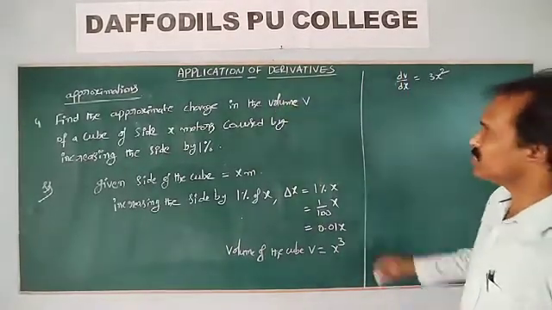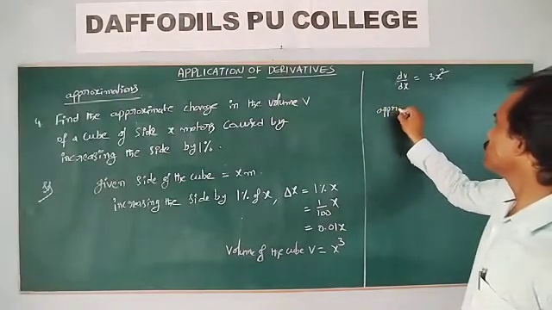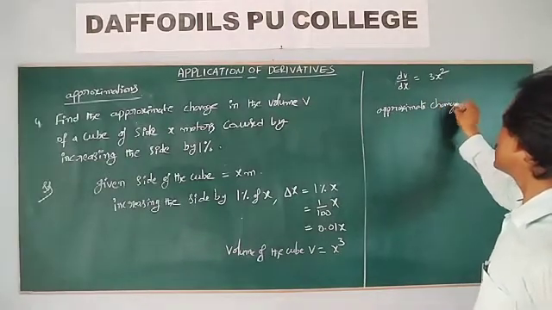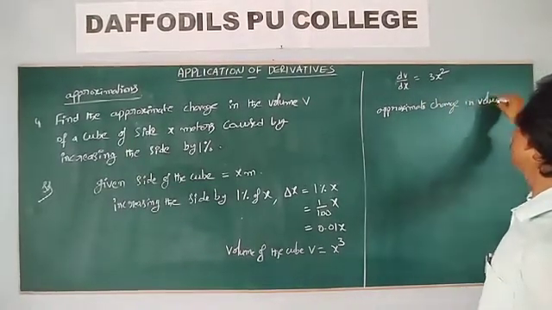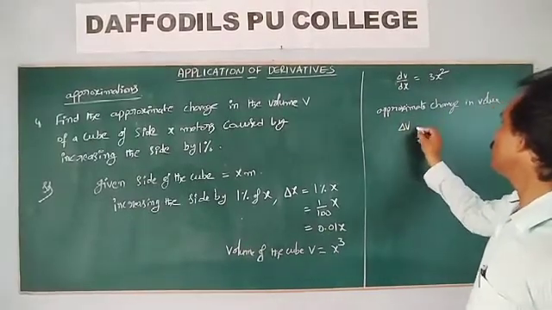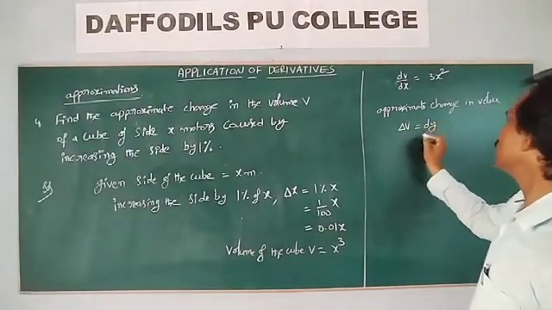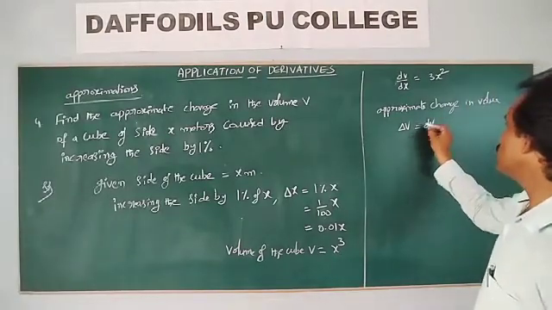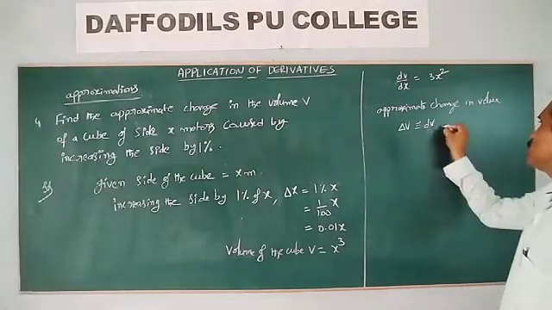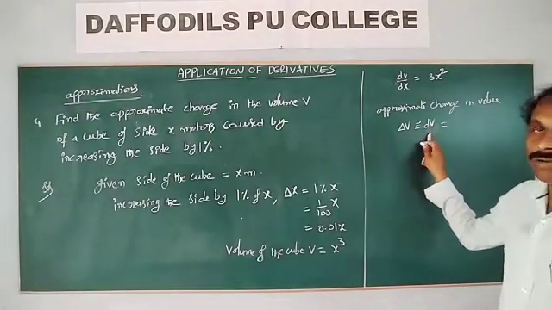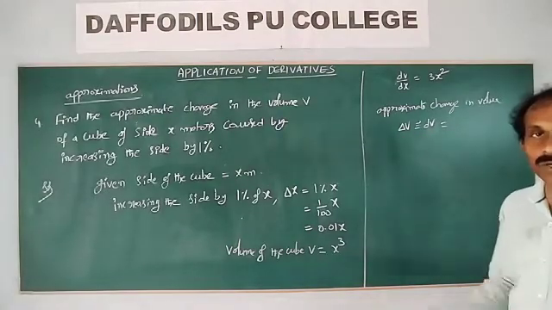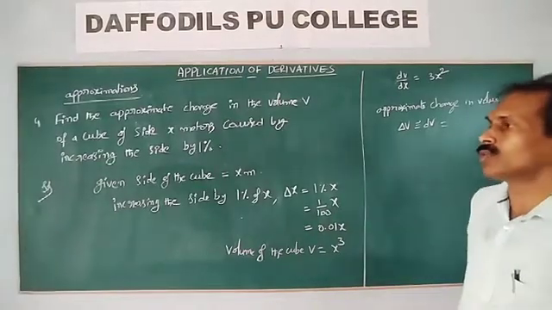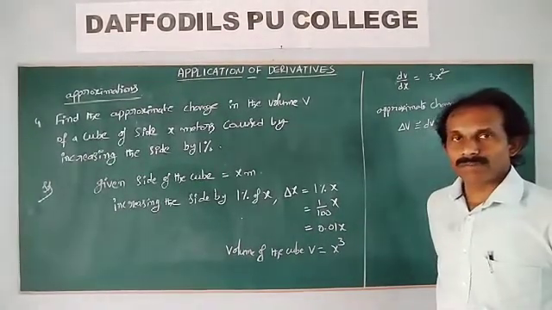Now we want the approximate change in volume, delta v, that is nothing but dv. So delta v is equal to f dash x into delta x. Same like the previous problem, delta y is equal to f dash x into delta x.